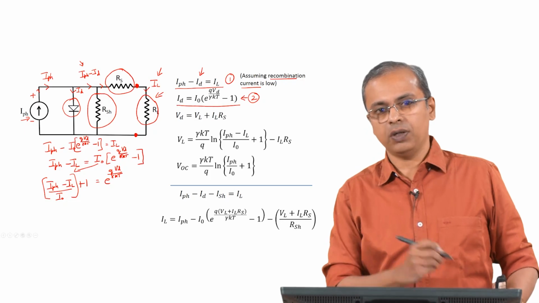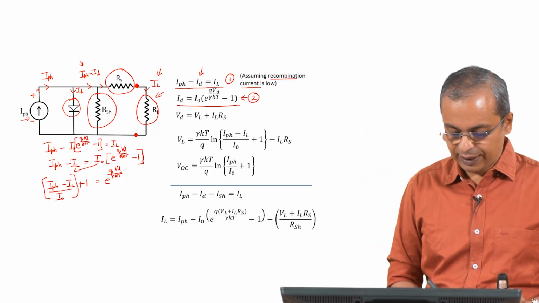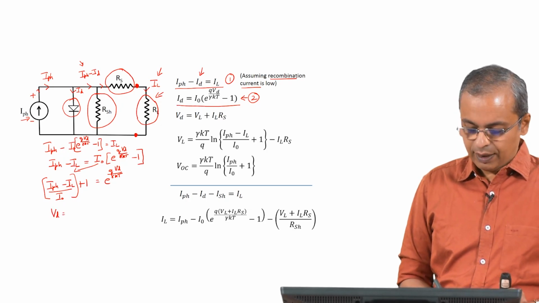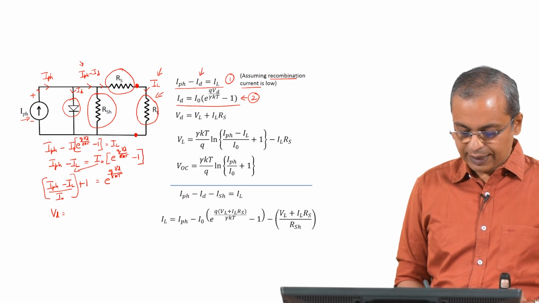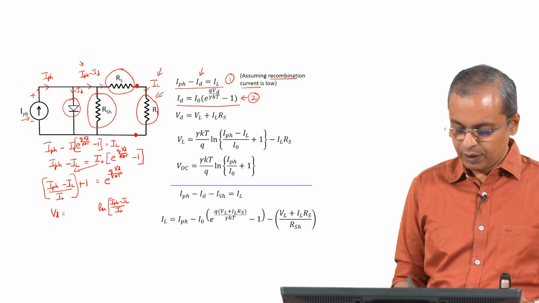Now if you take a natural logarithm on both sides and do a little bit of rearrangement, you will get Vd equals ln of IPH minus IL by I naught plus 1.